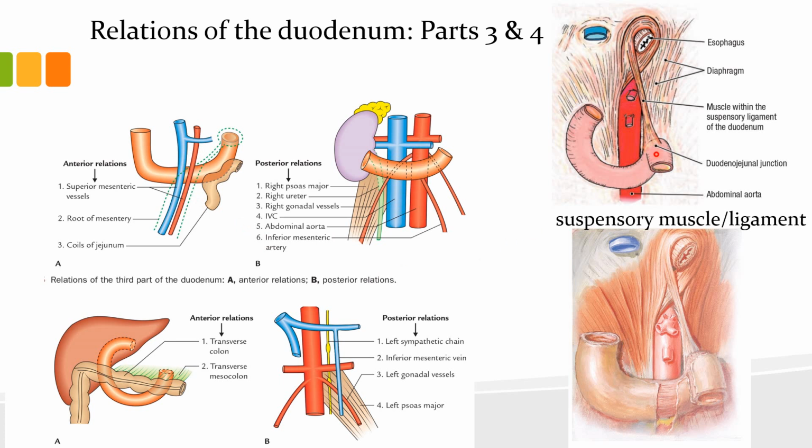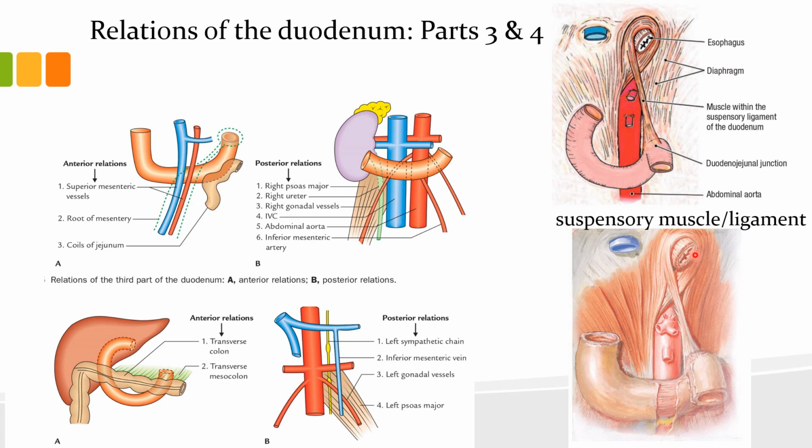The fourth part, the ascending part, joins the jejunum. The duodenum is retroperitoneal, covered by peritoneum only on its anterior surface, while the jejunum here is intraperitoneal. Here the peritoneum at the duodenojejunal junction will lift and circle around the esophagus towards the diaphragm, forming this ligament.